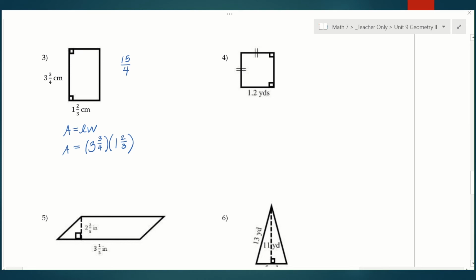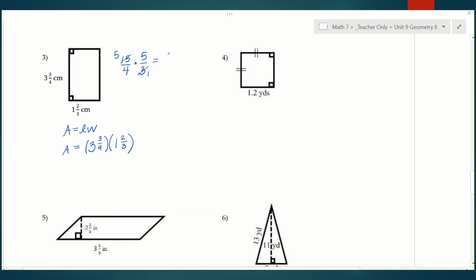So that becomes 15/4. And then 1 and 2/3 would be 3 times 1, which is 3, plus 2, which is 5 over 3. And then we can cross cancel here. The 3 and the 15, if I divide them both by 3, I'm going to get 1 and 5.